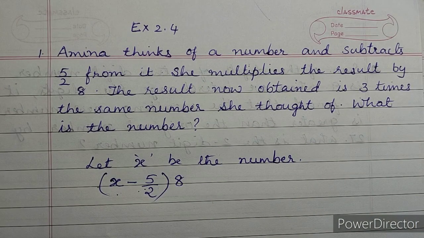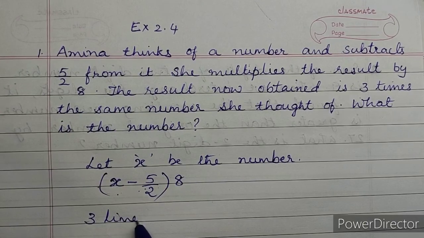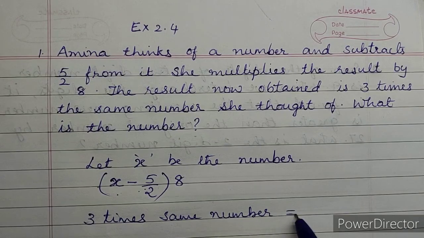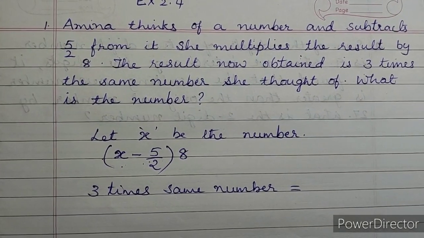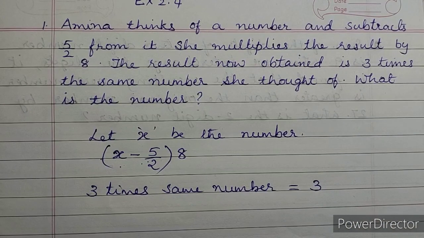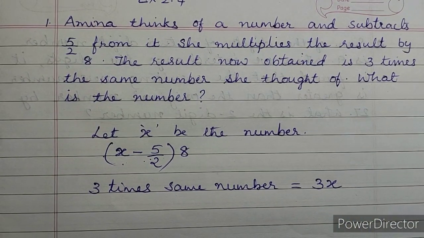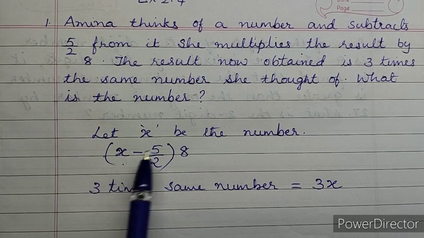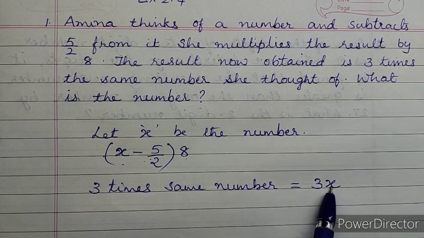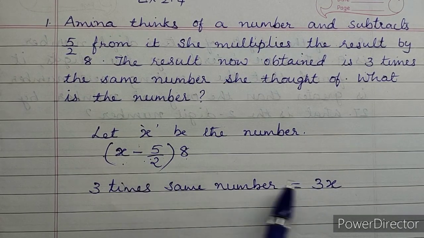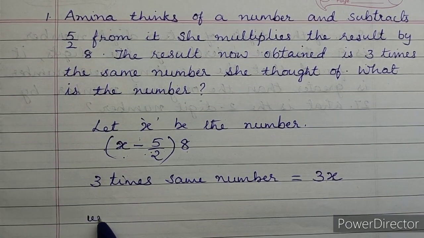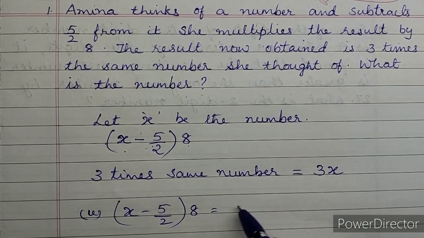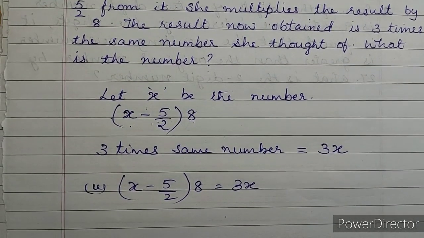So what is 3 times the same number? 3 times the same number equals 3 into x, times means multiplication. So when she subtracts 5 by 2 from that number and then multiplies by 8, you will get 3 times the number. So equate these both. So that is x minus 5 by 2 into 8 equals 3x. So this is the equation now.